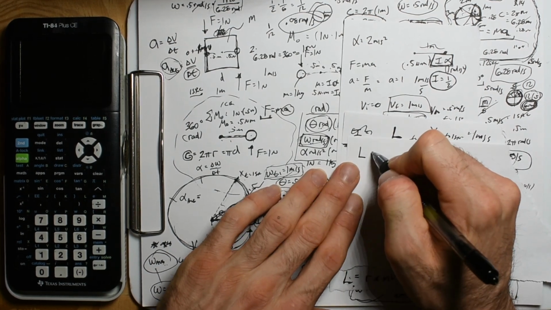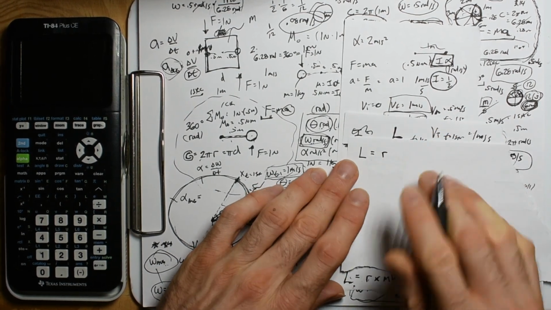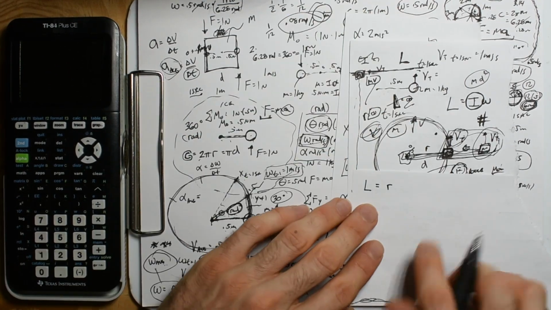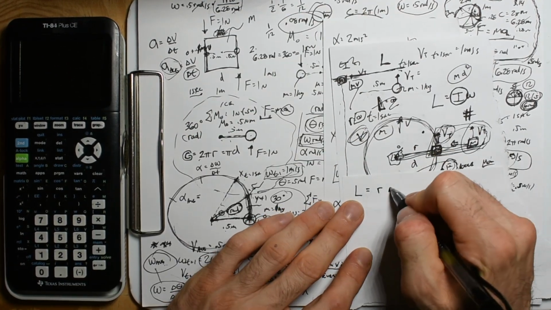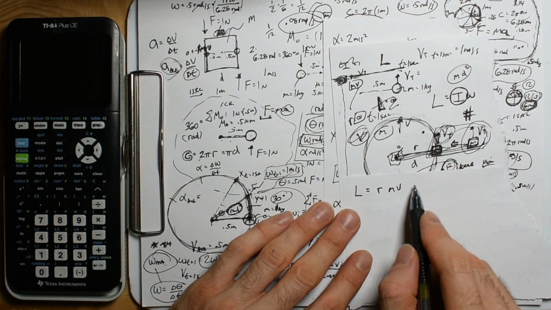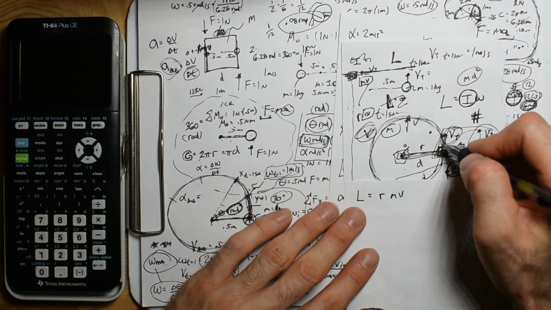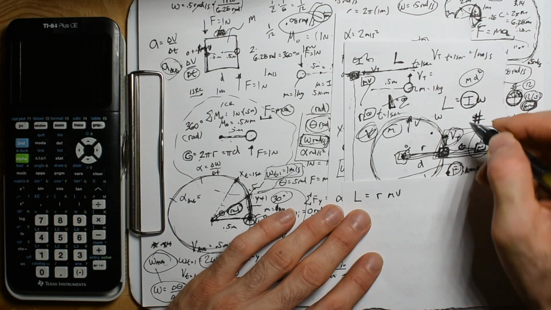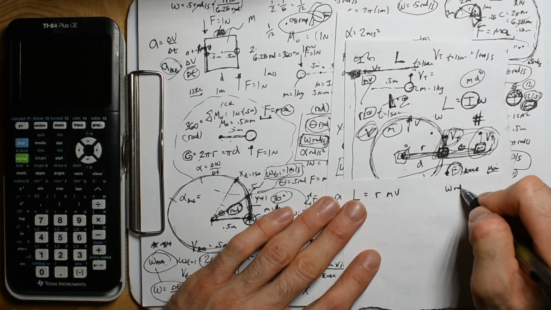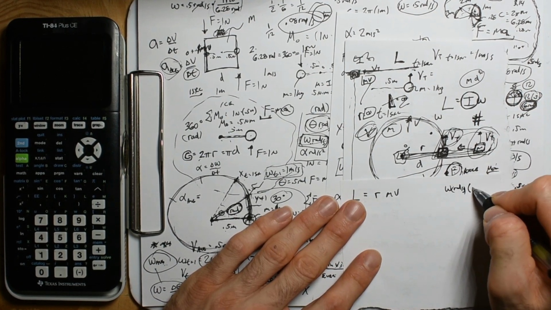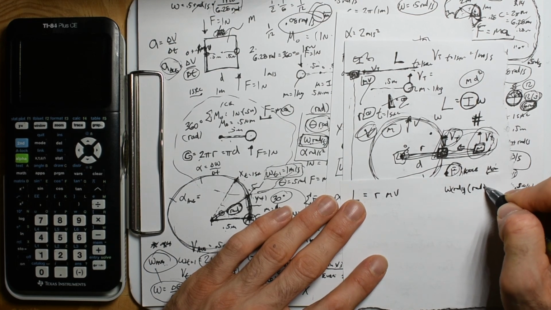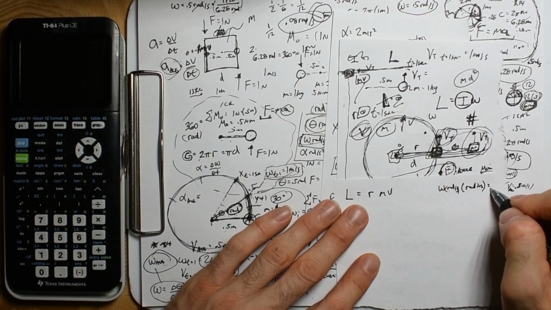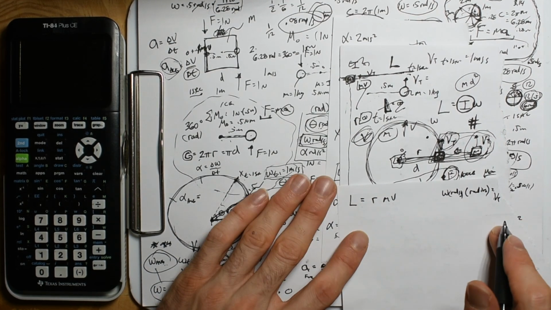So you have angular momentum is that distance, and then times the mass, the linear momentum part, mass times velocity. But we know that if we do have a constant omega, what's omega? It's in radians per second. And if we multiply radians per second times radius, we get something normal? Yeah, that's tangential velocity.